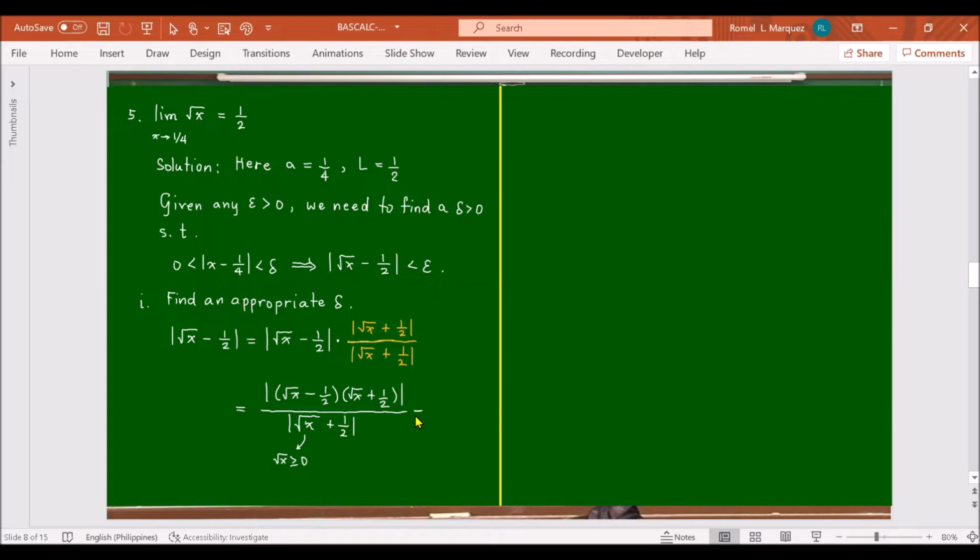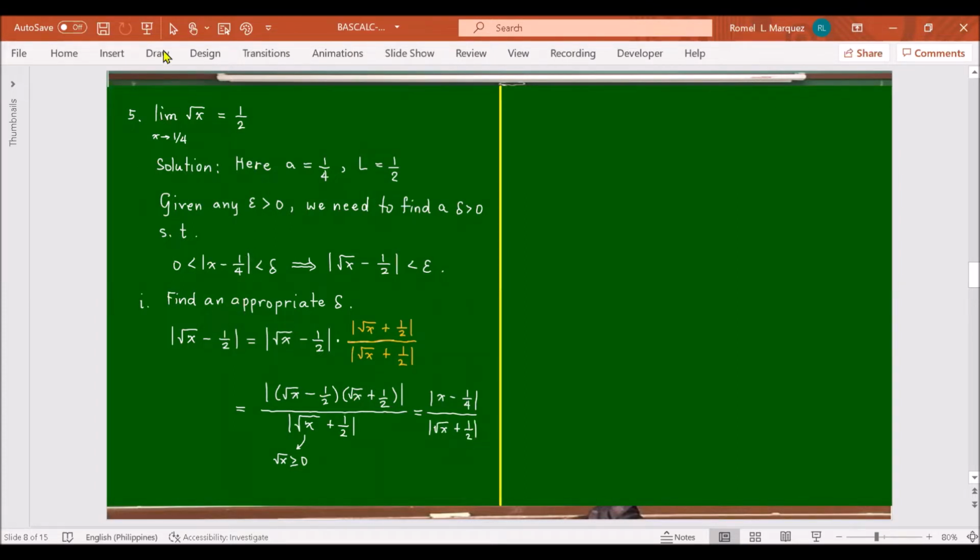And when simplified, the numerator is equal to absolute value of x minus 1/4 all over absolute value of square root of x plus 1/2.